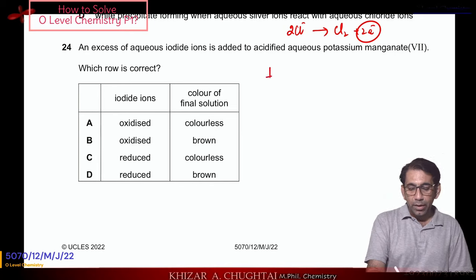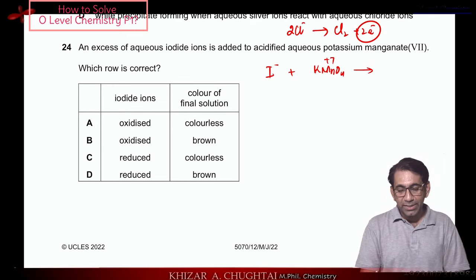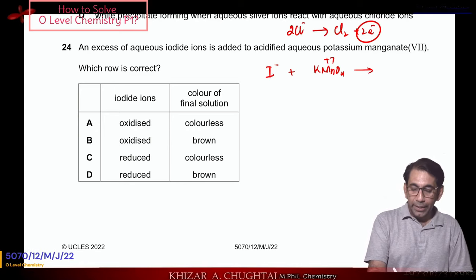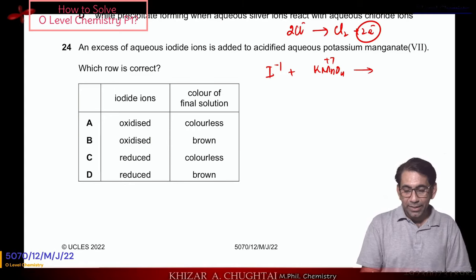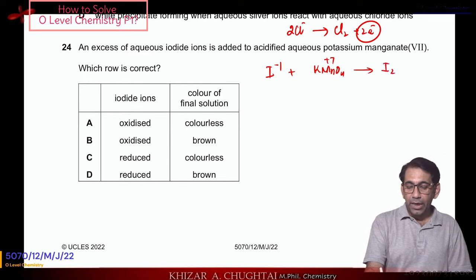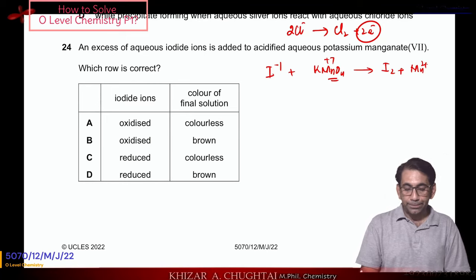Once again, I negative ion is going to react with acidified potassium permanganate, KMnO4, which has +7 oxidation state. Initially, this iodide ion has -1 oxidation state, and finally it will be I2, and this Mn will change itself into Mn2 positive ion aqueous.